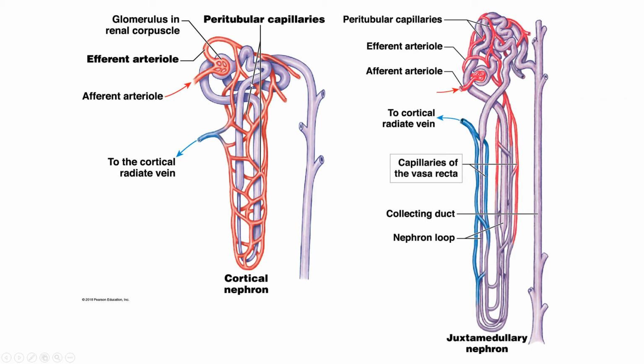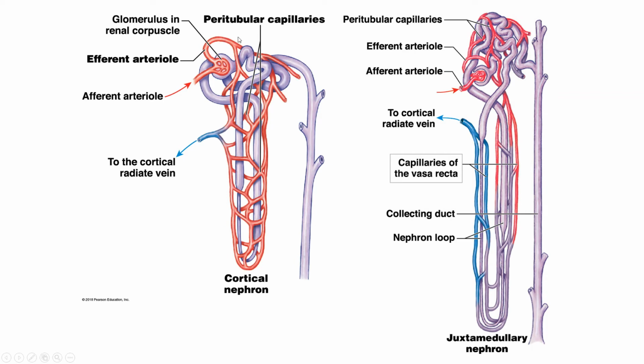So if you look at the cortical nephron, again, this makes up about 80% of the nephrons in the kidneys, and it's going to primarily be high up in the renal cortex. Of course, you have your renal corpuscle, which is going to be associated with a short nephron loop that barely, if at all, will enter into the renal medulla.